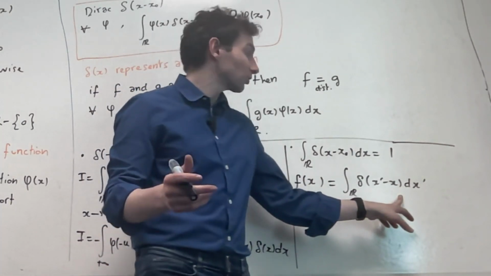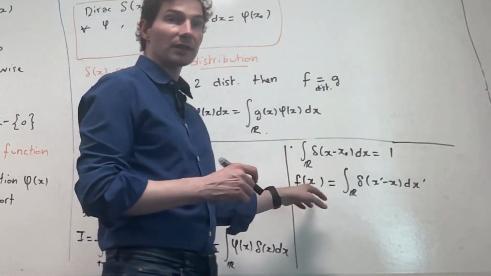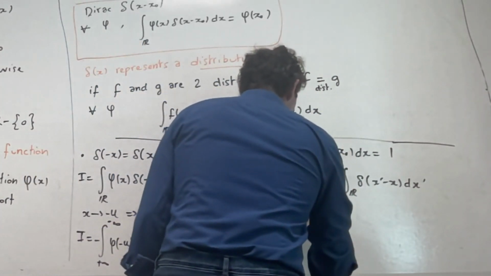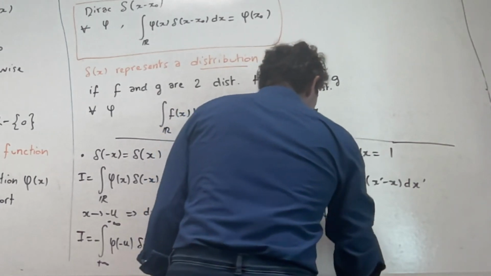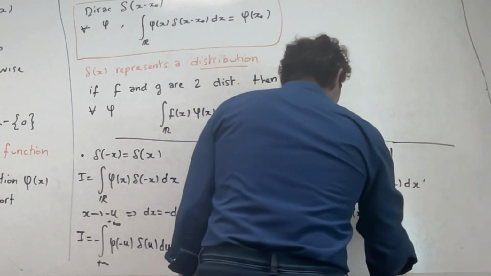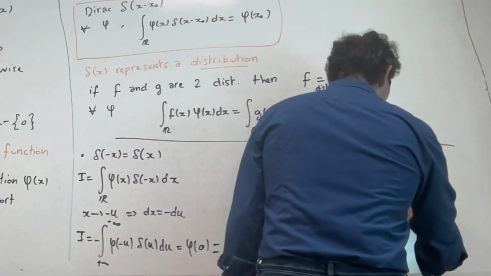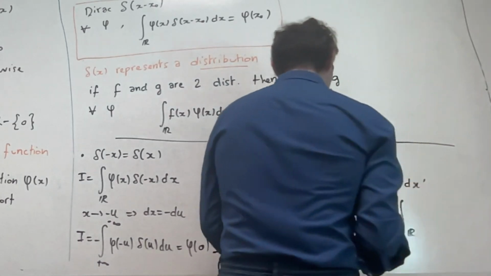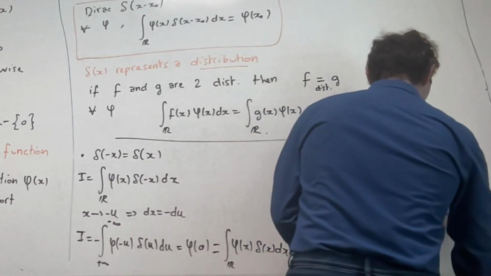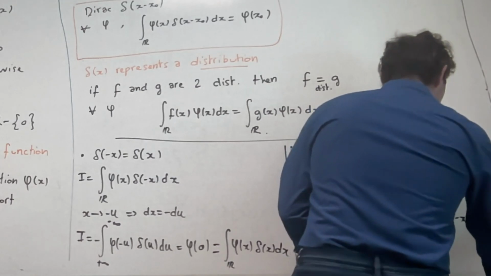Okay, now what I'm going to do is trying to see what happens when I put a test function against this particular f here. So if I have I is equal to the integral of some test function phi of x f of x over the reals, then this is going to be equal to the double integral over the reals of phi of x, and then I've got delta x prime minus x dx prime.